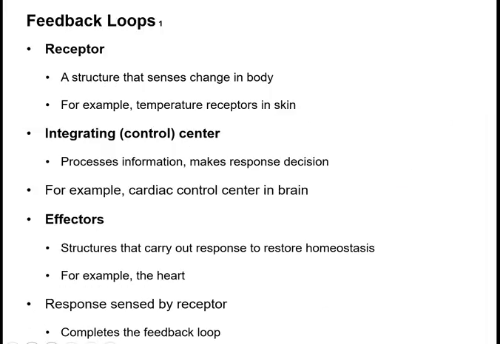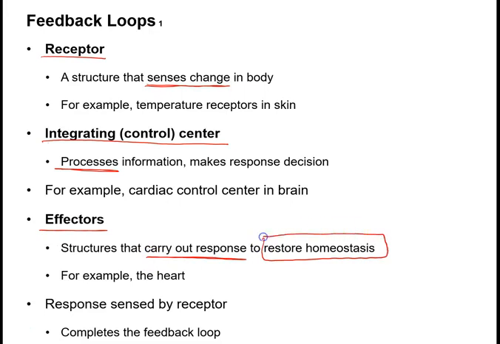So on this slide, you can see these are definitions of those three important parts of the feedback loop. So first you have the receptor that senses the change. Then you have the integration center that's going to process that information to decide what to do with it. Then you have the effector. The effector is what is actually going to carry out the response and ultimately accomplish the goal, which was to restore homeostasis.